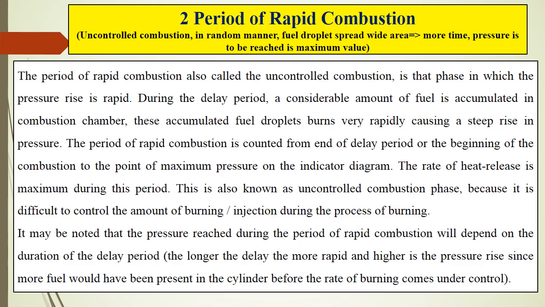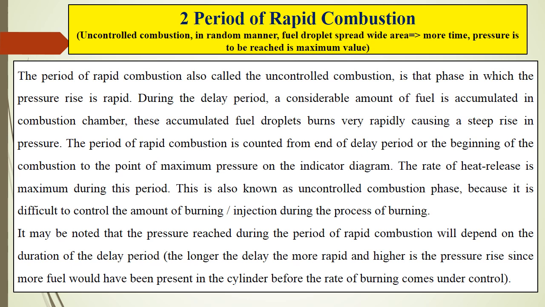Now the second phase, the period of rapid combustion. During this phase, how much fuel has accumulated in the combustion chamber? During the delay period, a considerable amount of fuel is admitted and accumulated in the combustion chamber.